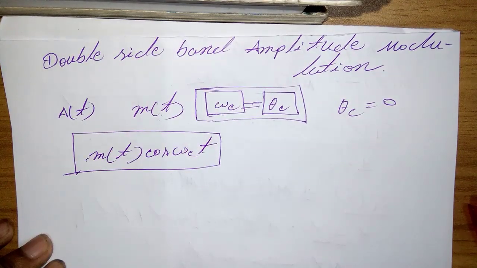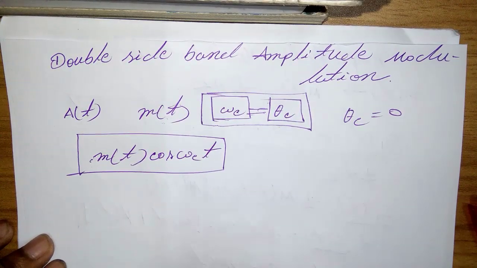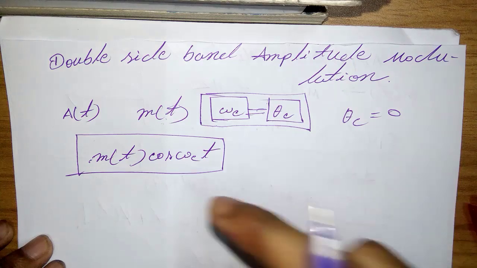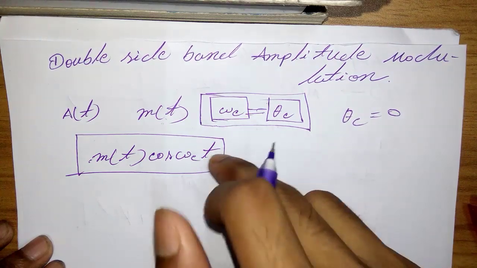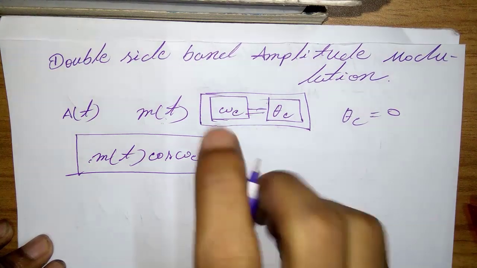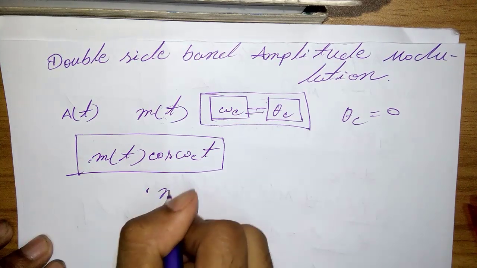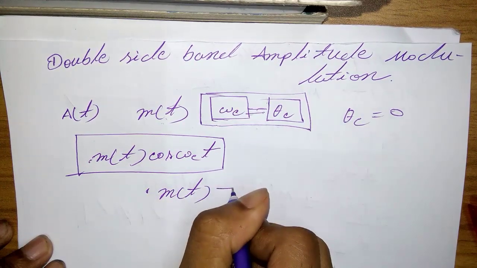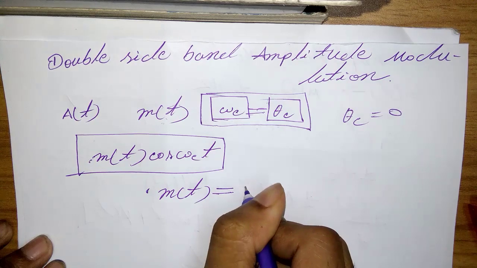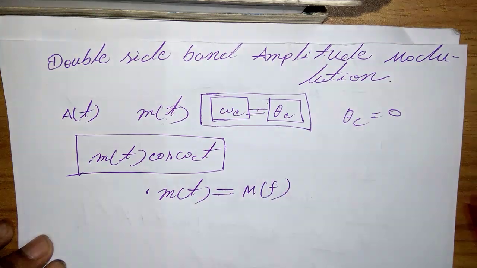That's the modulated signal. For double sideband amplitude modulation, first the signal must be modulated, and then m of t is equal to m of f, clear?